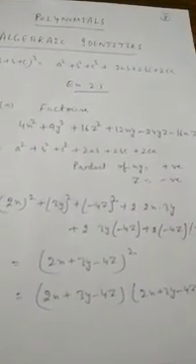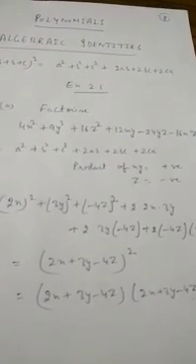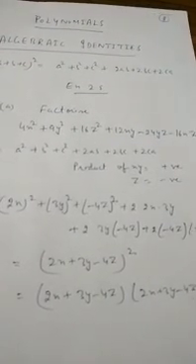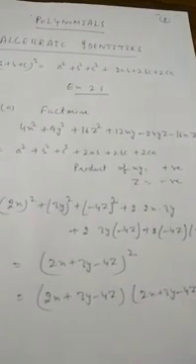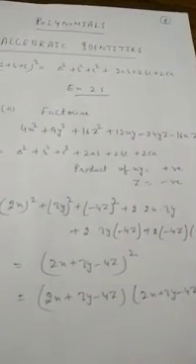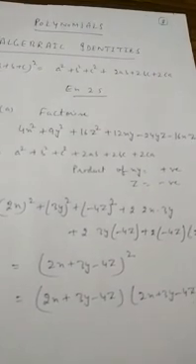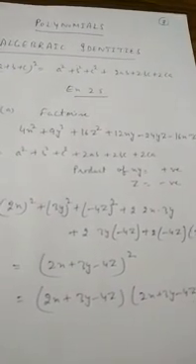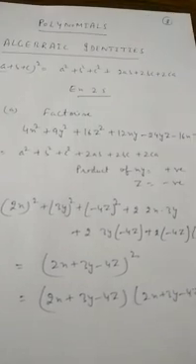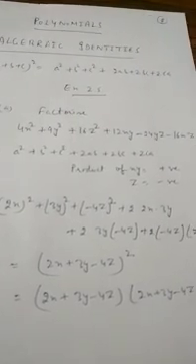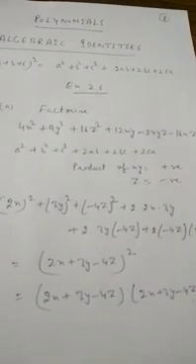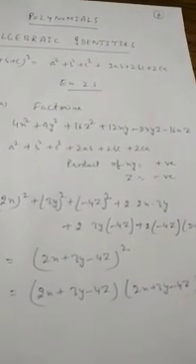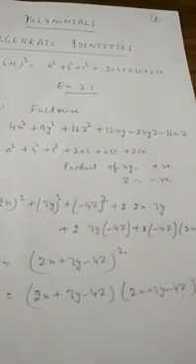So this is a square plus b square plus c square plus 2ab plus 2bc plus 2ca. Here a is 2x, b is 3y, and c is minus 4z. So it becomes (2x plus 3y minus 4z) whole square, and its factors are (2x plus 3y minus 4z) into (2x plus 3y minus 4z).